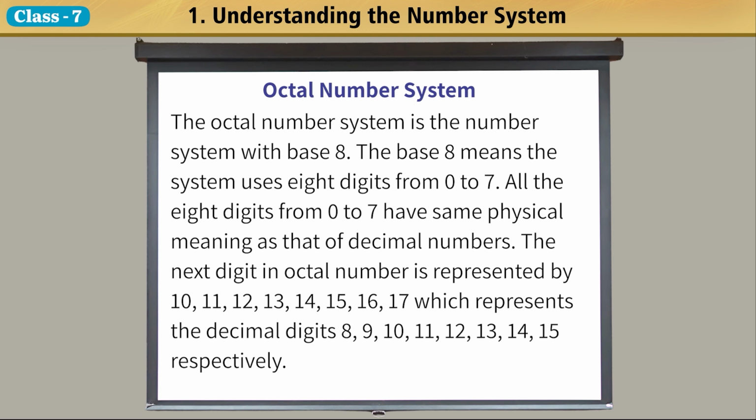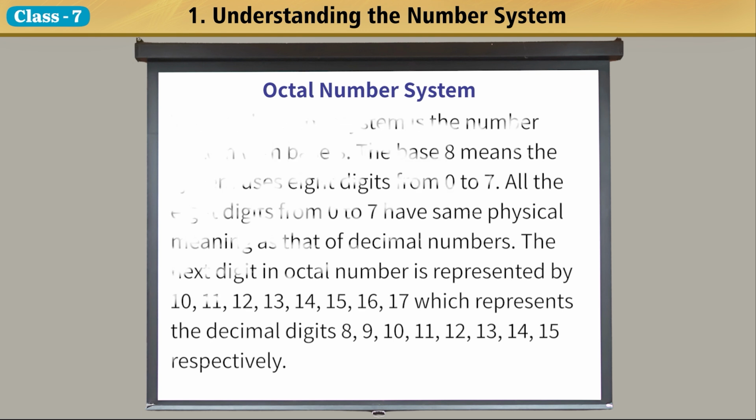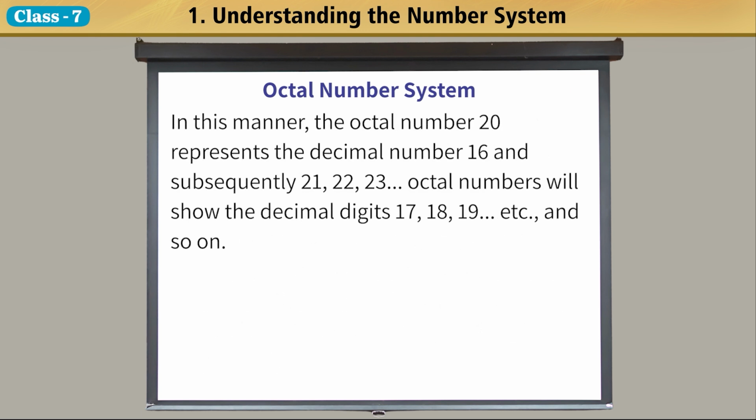The next digits in octal number are represented by 10, 11, 12, 13, 14, 15, 16, 17, which represent the decimal digits 8, 9, 10, 11, 12, 13, 14, 15 respectively. In this manner, the octal number 20 represents the decimal number 16 and subsequently 21, 22, 23 octal numbers will show the decimal digits 17, 18, 19, and so on.